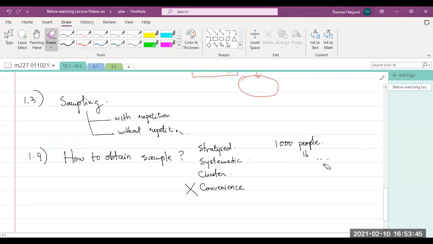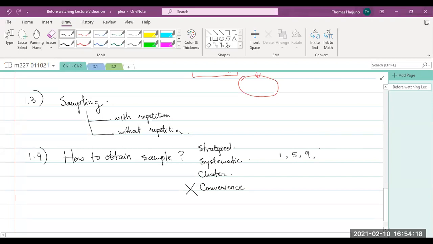Basically, you pre-decide which object number will be in your sample. From that population, you line them up, and you decide which numbers will be in the sample. You can also say that I will pick the first person, and then the 5th person, the 9th person. I keep on adding 4.